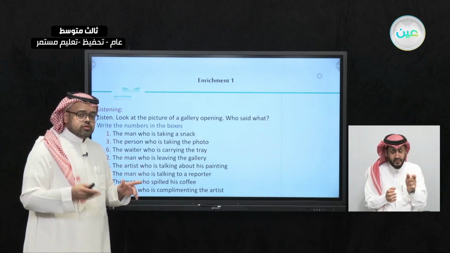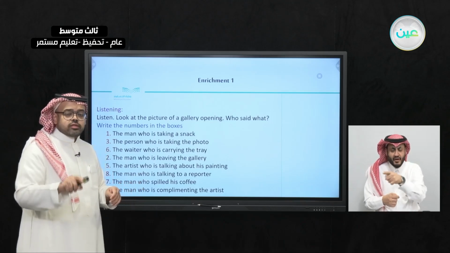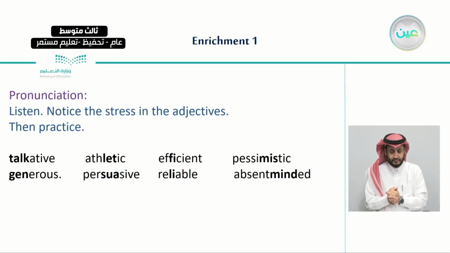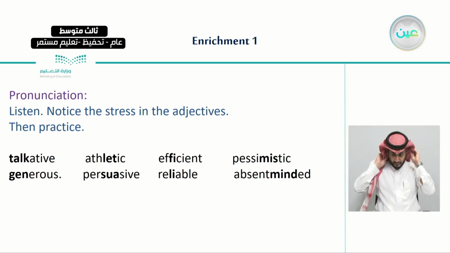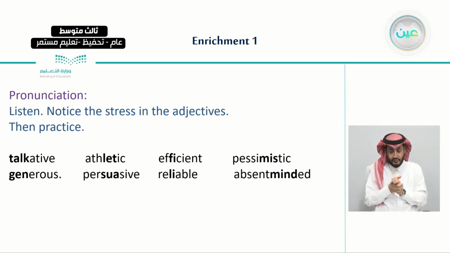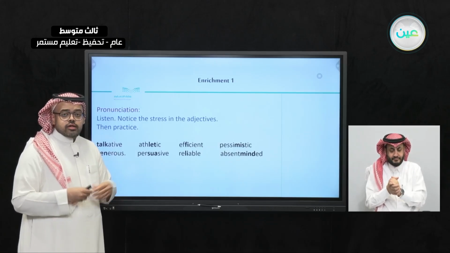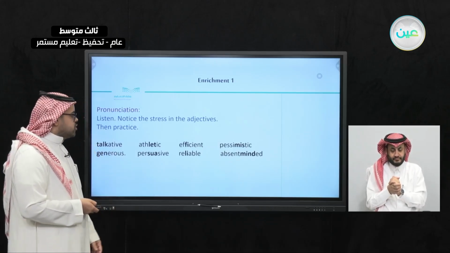While we listen, we decide that this person said this and that person said that. And also with the pronunciation, we learned how to stress the adjectives like talkative, athletic, efficient, pessimistic, generous, persuasive, reliable, absent-minded. All of these adjectives have syllables that need to be stressed. So we have learned this as well.